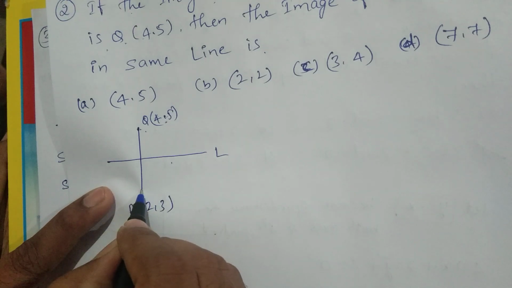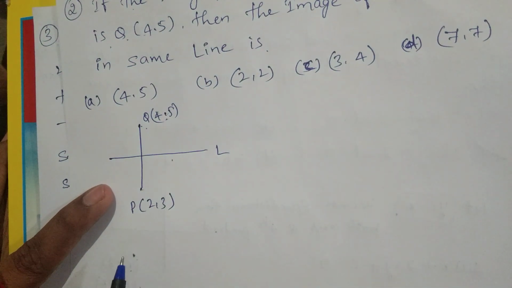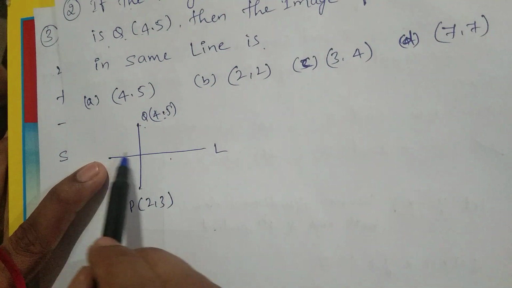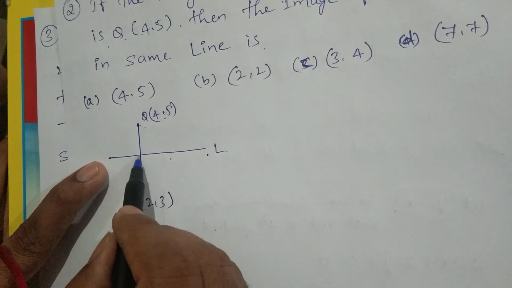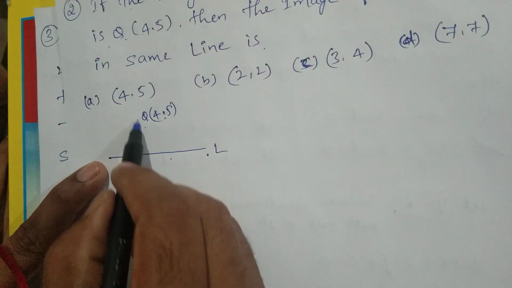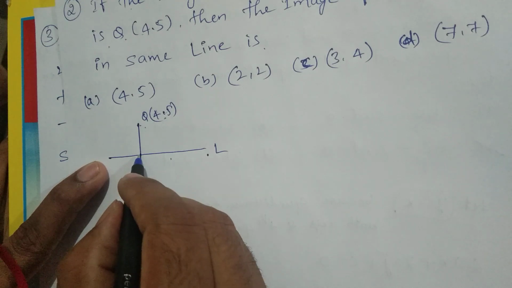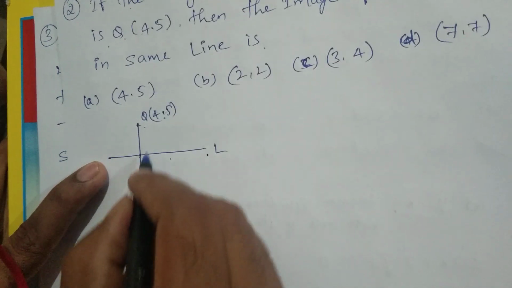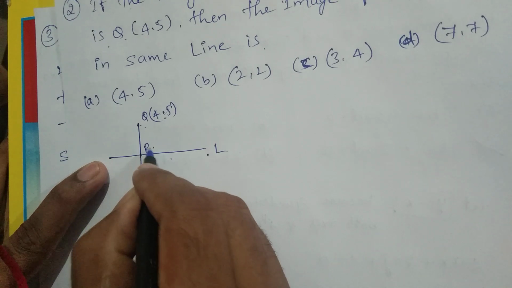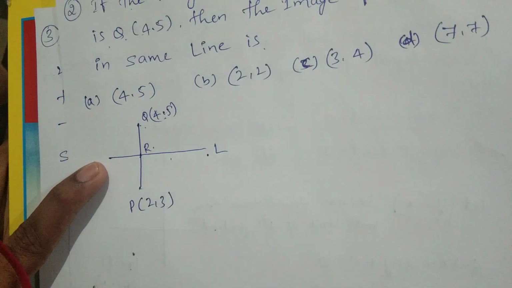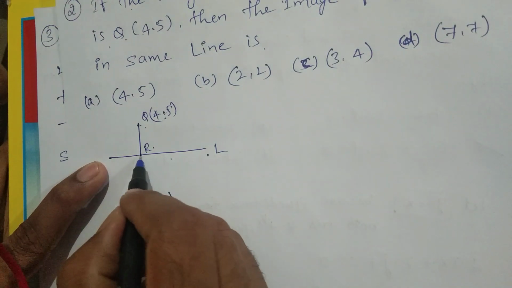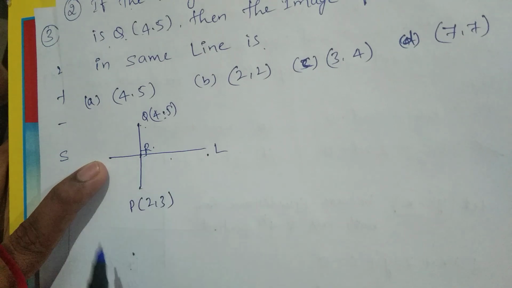Now I will join. Remember, the line joining these two points is intersected by the mirror line at a midpoint, that I will take as R. This is a midpoint and also perpendicular.